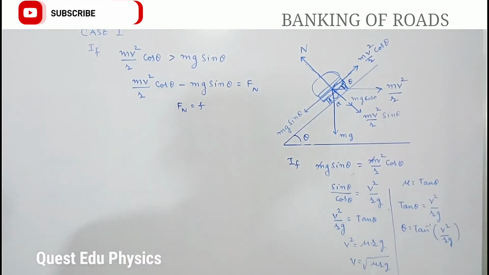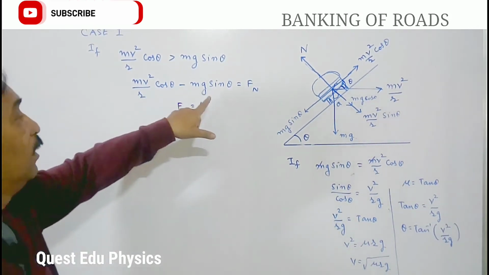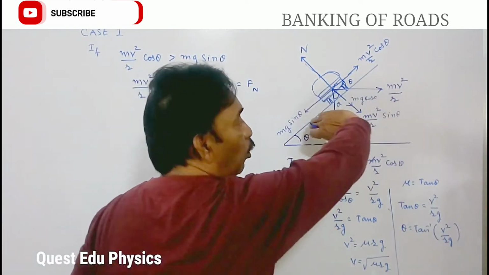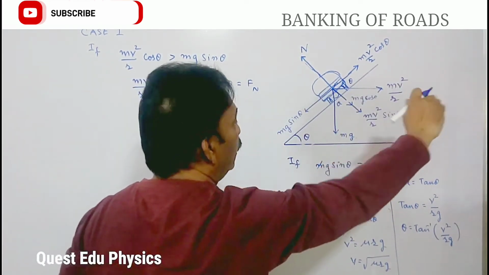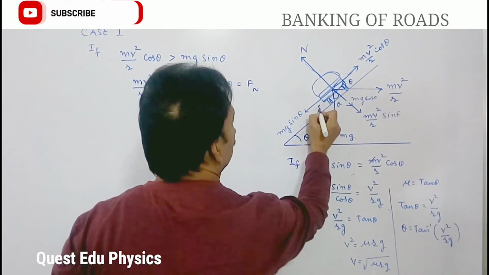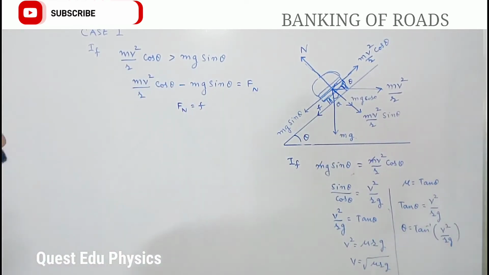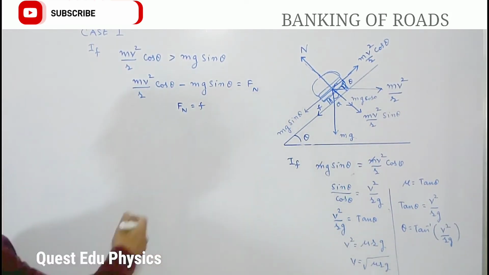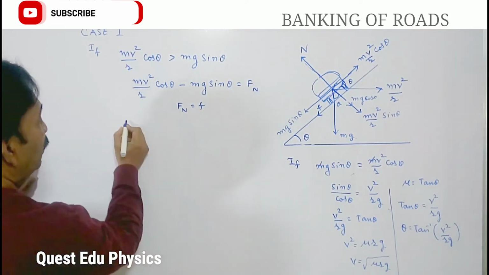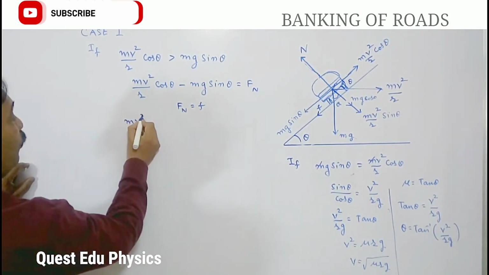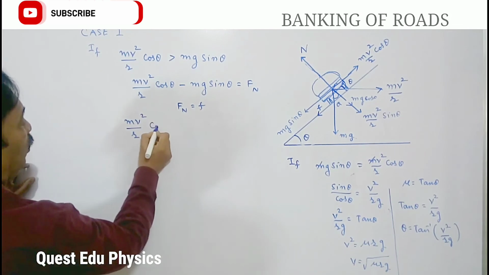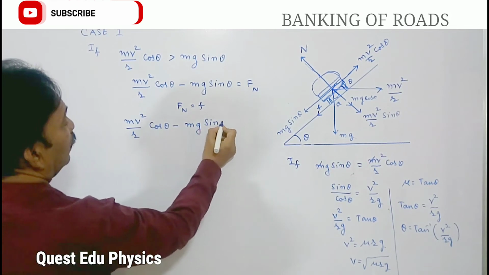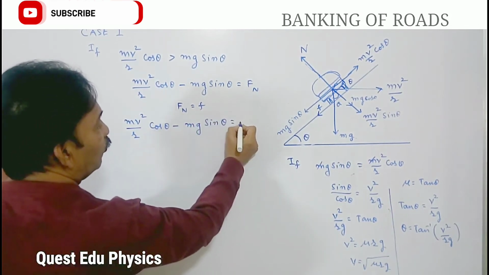If mv square by r cos theta is greater than mg sin theta, what happens? There is a chance of toppling down of the vehicle in this direction. Then a frictional force will develop in this direction, which prevents the turning down of the vehicle. Okay students, see this, you can write mv square by r cos theta minus mg sin theta is equal to frictional force.